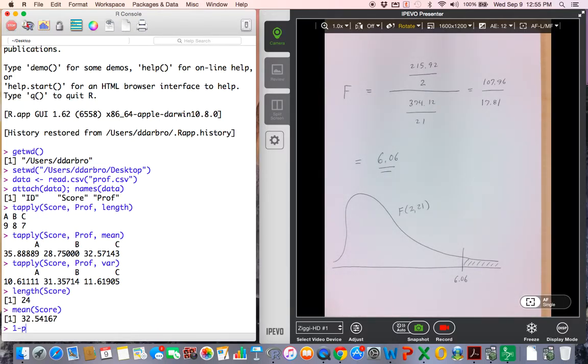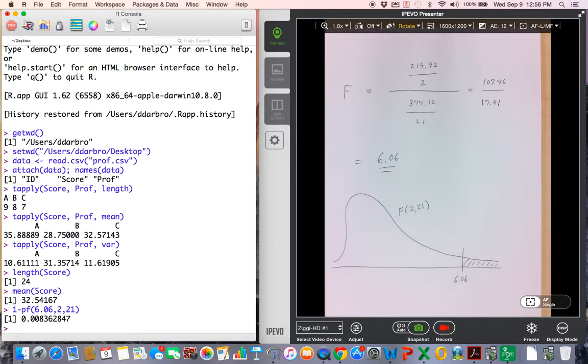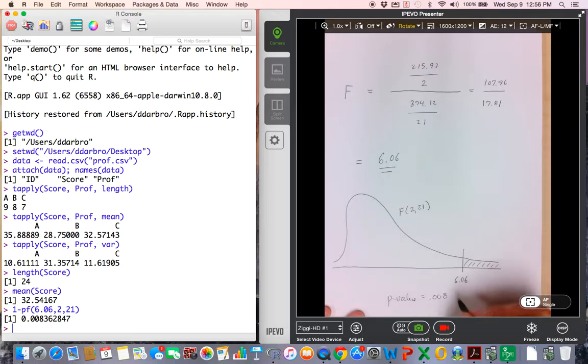We will have 1 minus pf(6.06, 2, 21). So our p-value is 0.0084, which is clearly less than 0.05, so we achieve statistical significance.